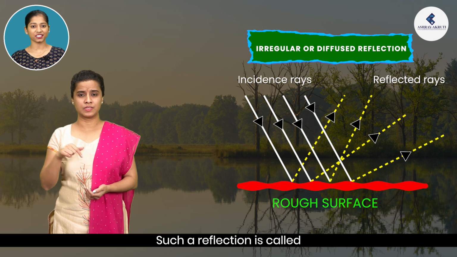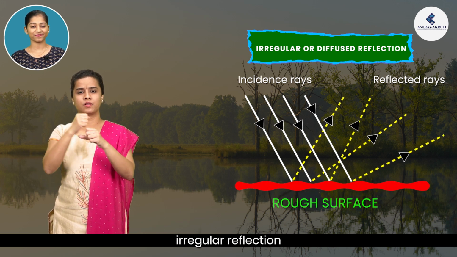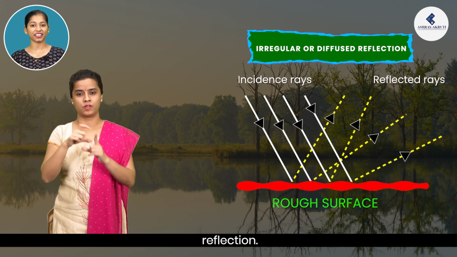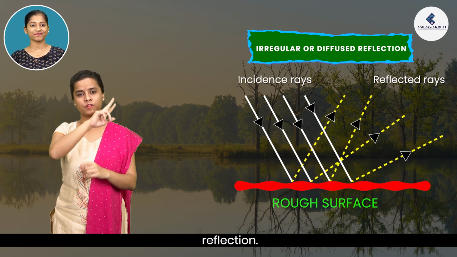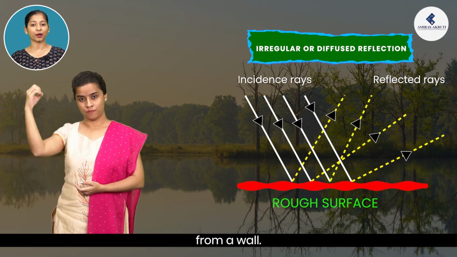Such a reflection is called irregular reflection or diffused reflection. Example, reflection of light from a wall.